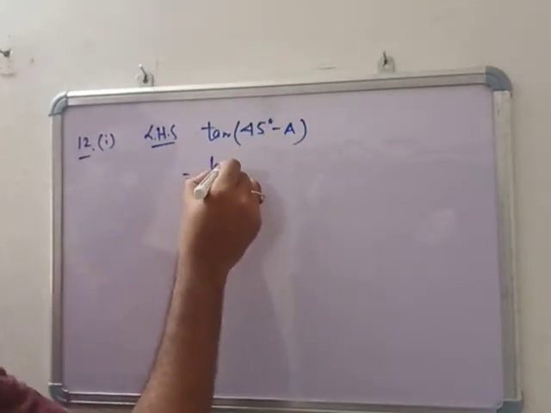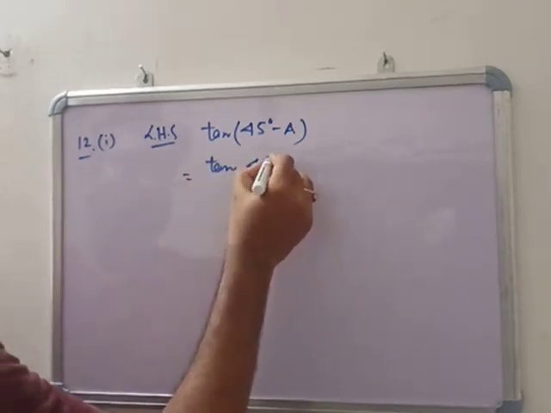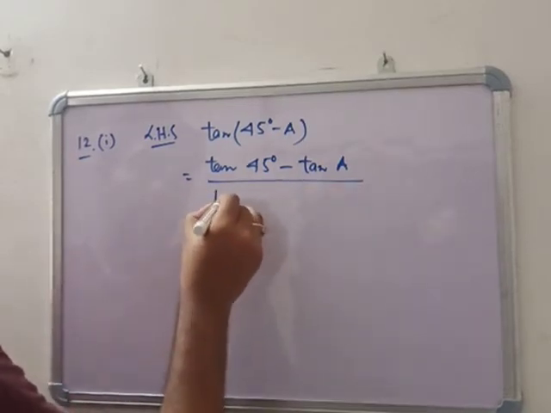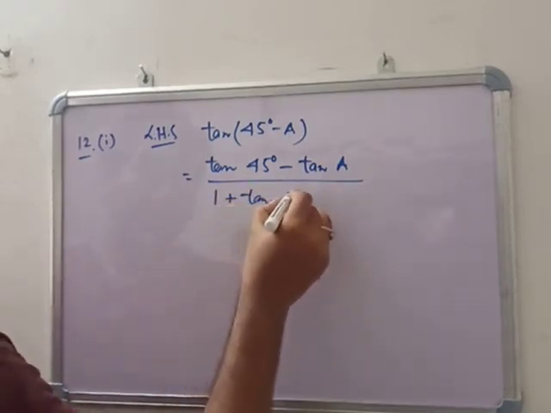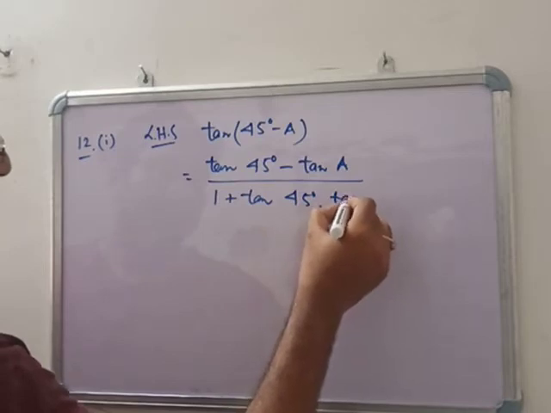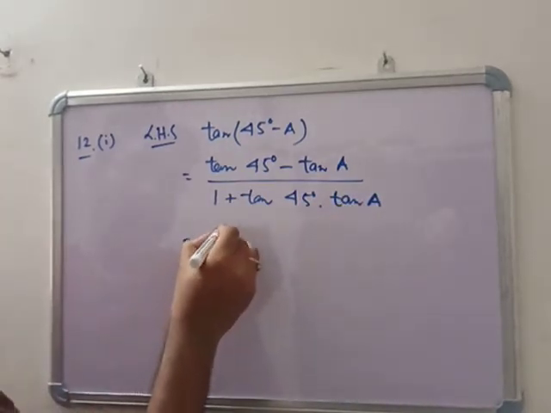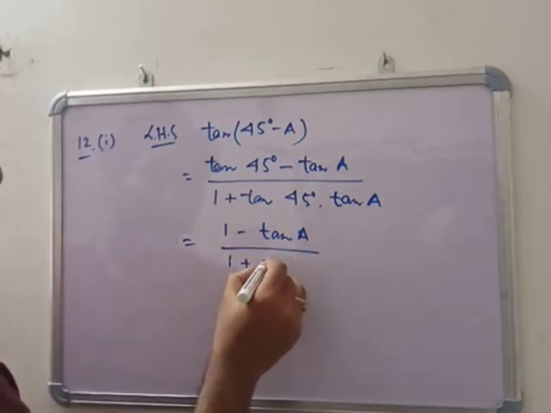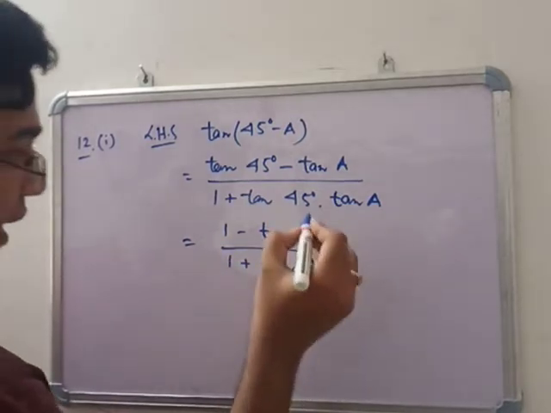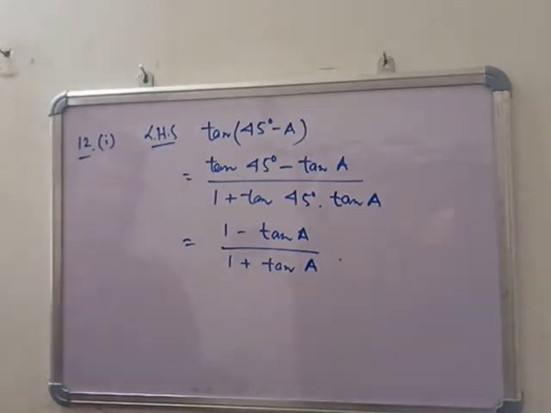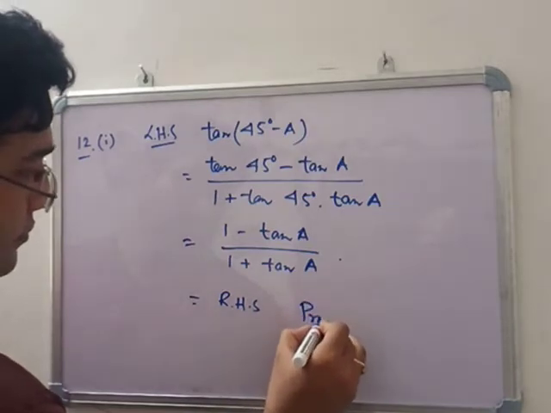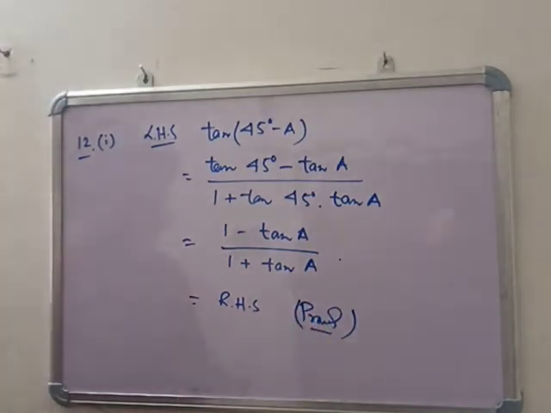So that means tan 45 degree minus tan A by 1 plus tan 45 degree into tan A. That means 1 minus tan A by 1 plus tan A, which is given as right hand side. Note down the view.